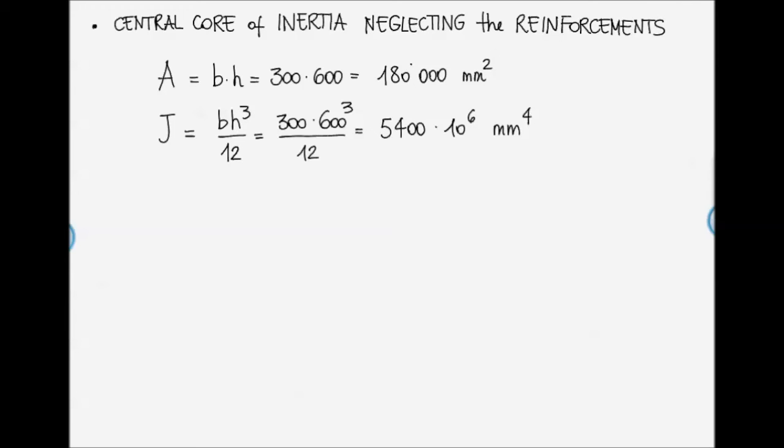We calculate the radius of inertia, rho, that is J over A. And it is also equal, if you remember, to H squared over 12 for a rectangular cross-section considering only the concrete, which is 3 by 10 to the power of 4 square millimeters.